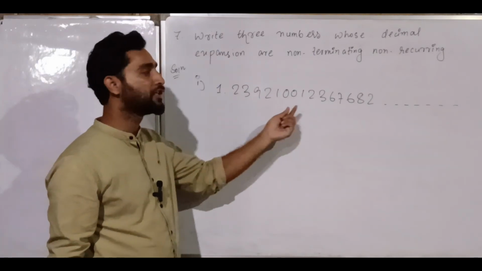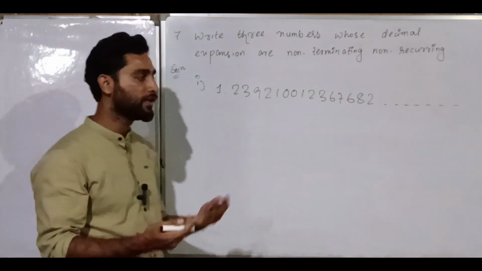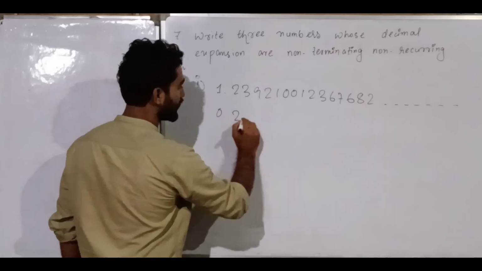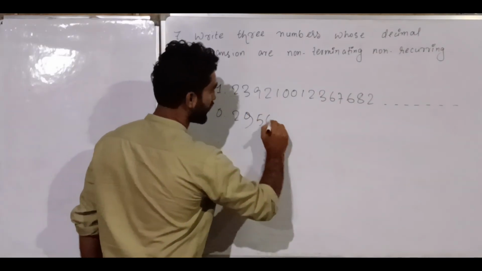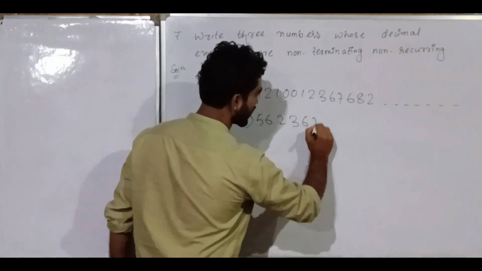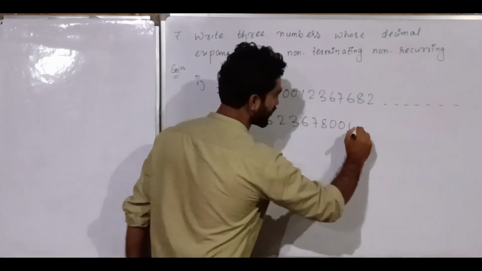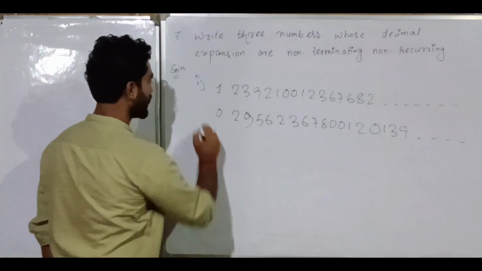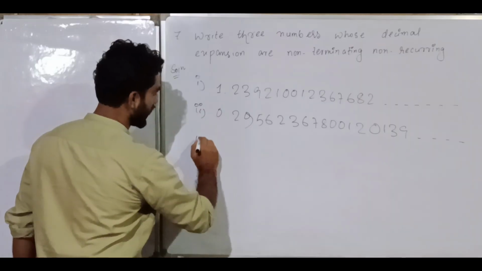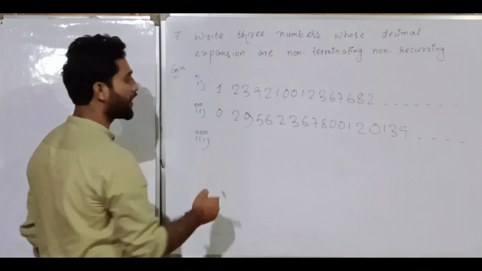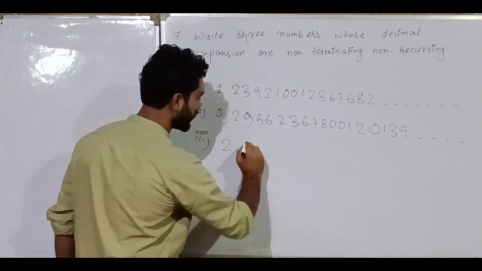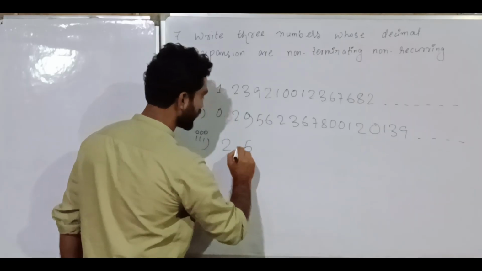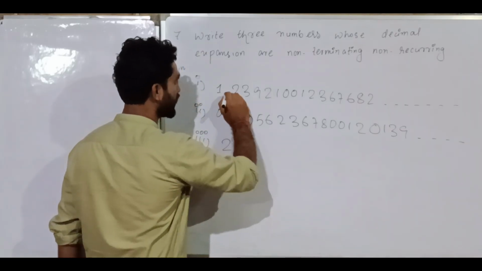There should not be any repetition of one digit or two digits. Or we can write 2.95623678001200139, like this. Or one more we can write, anything. So these are the decimal expansions.